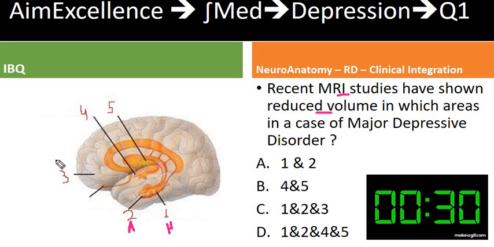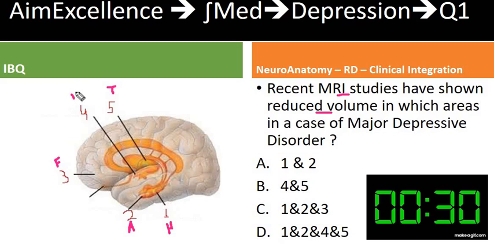Whereas 3 is pointing to the frontal lobe. The confusion actually erupts between 4 and 5. 5 is the thalamus and 4 is the hypothalamus.